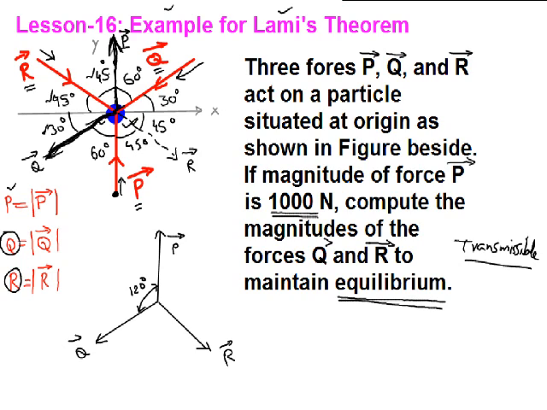Similarly, the angle between P bar and this R, which is transmitted along the line of action, this R bar, you can find out to be 45 plus 30 plus 60 degrees. 60 plus 30 plus 45, so this is 135 degrees.